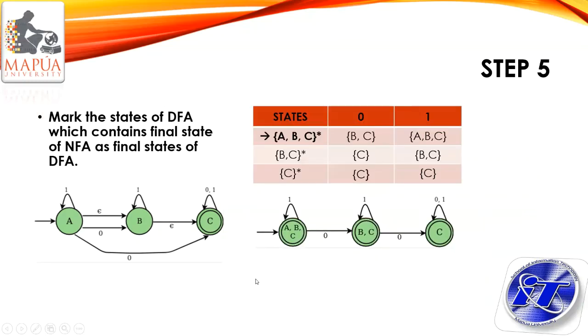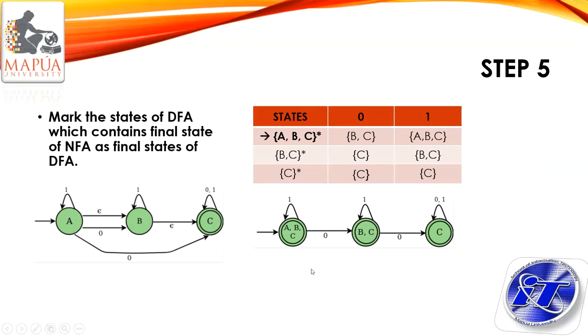Now let's draw the DFA. ABC will be the initial state. The final state is any new state that includes C, since C is the final state. So ABC and BC will be final states, along with C. ABC, if it's 1, loops within itself.